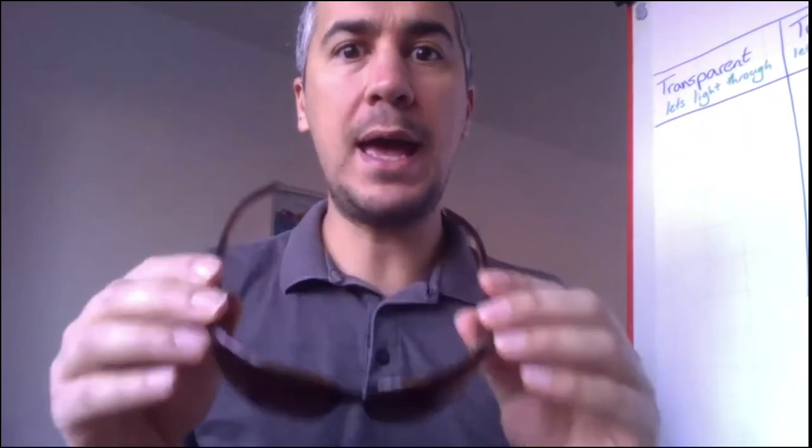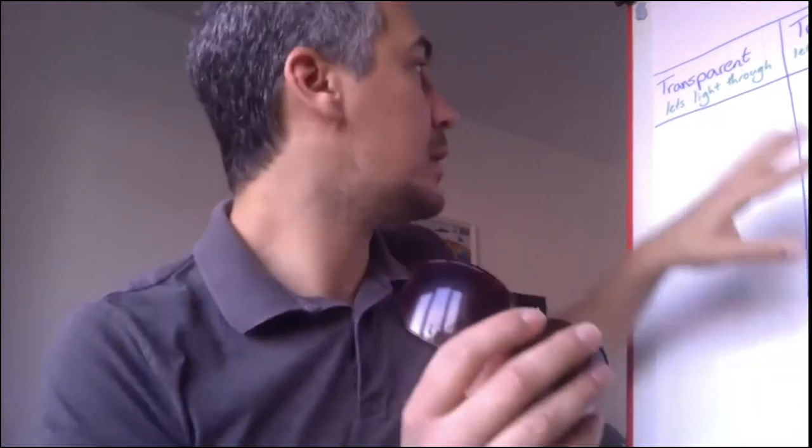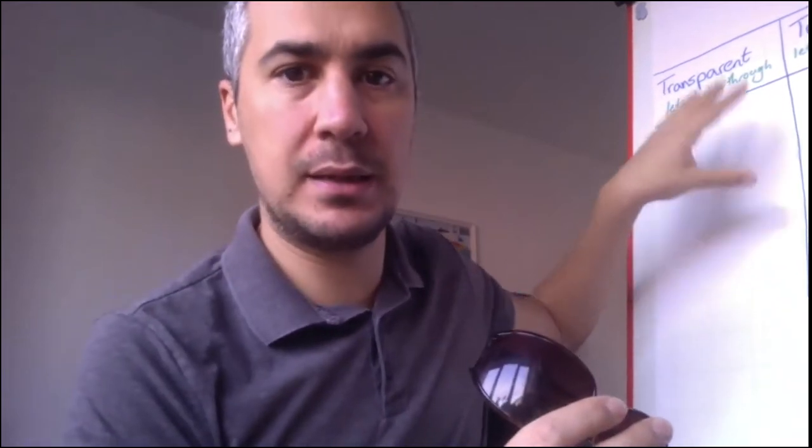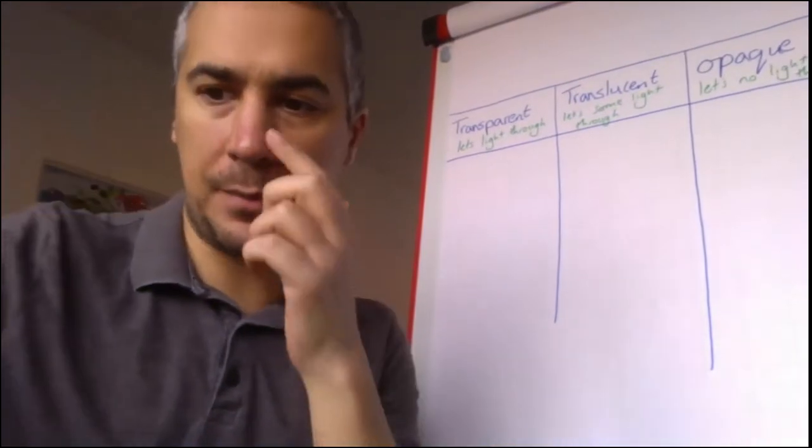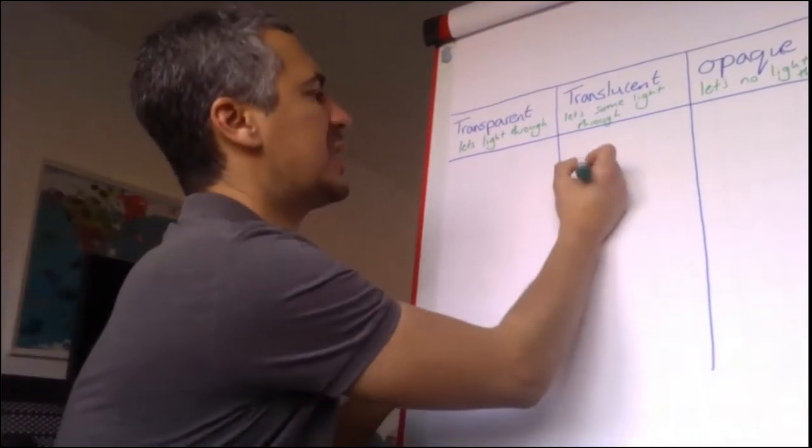Now, my wife wears sunglasses, especially these ones, to block some of the sun's light so that I can still see outside. So is that letting all of the light in, or just some? So I'm starting to think that this only lets some of the light through. So it's not going to be transparent, it's going to be translucent. So under translucent, I'm going to go, right, I'm actually going to draw these.